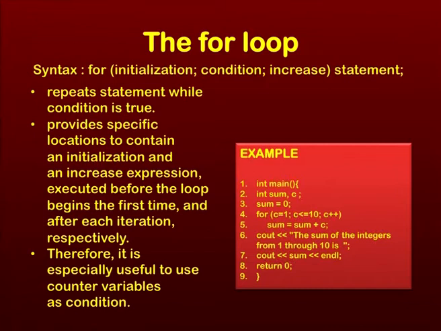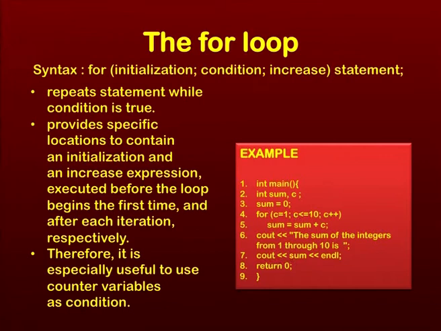For example, here we say for c is equal to 1, c less than or equal to 10, c plus plus. Here c is equal to 1 is the initialization expression, c less than or equal to 10 is the condition, and c plus plus is the increase. That means, every time the value of c will be incremented by 1 and checked for the condition.